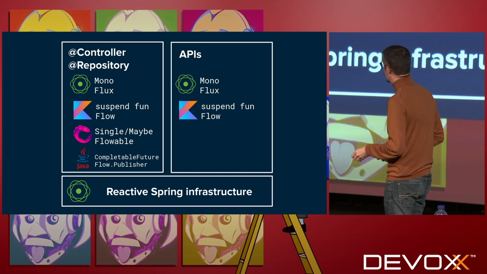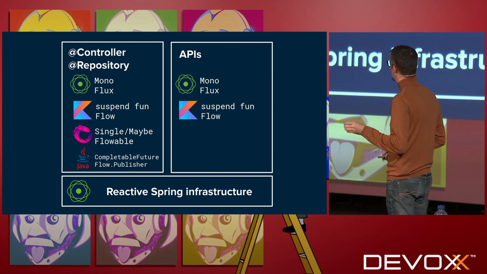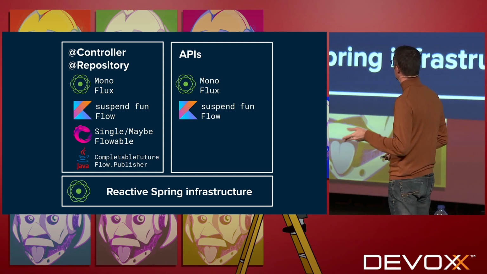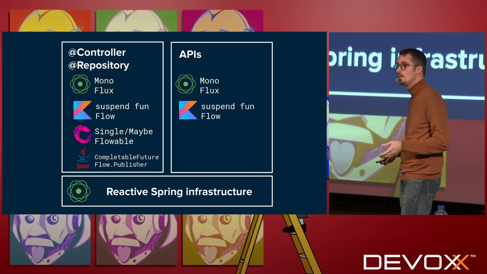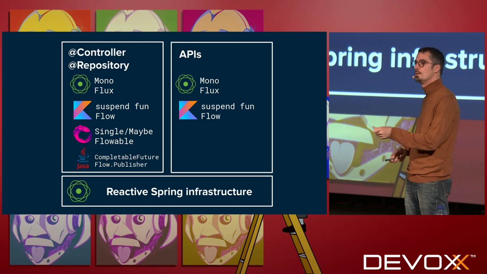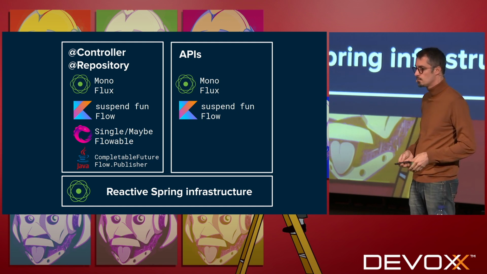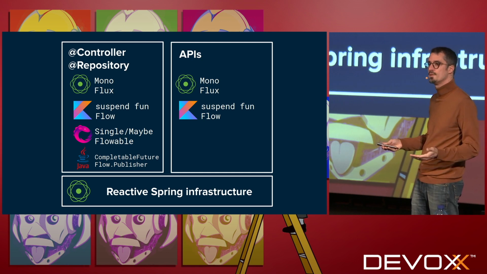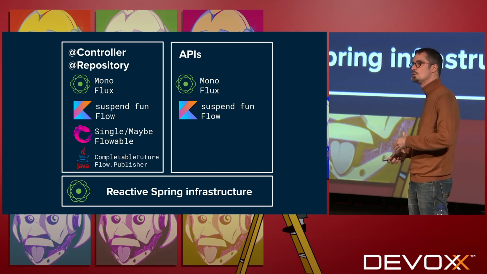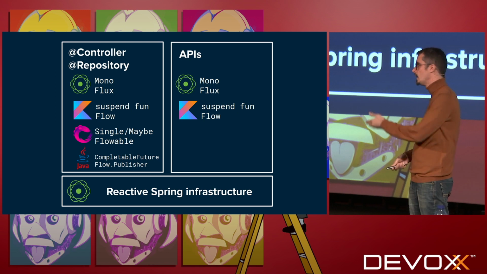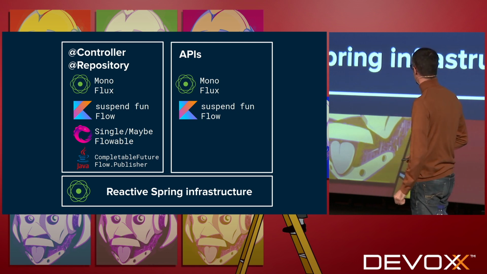So here we are supporting out of the box Mono and Flux, Single, maybe Flowable from RxJava, CompletableFuture, Publisher. If you are using that as a parameter or return value for your request mapping, for example, or in Spring Data, we will support that, and we will translate that automatically into reactive streams and use it with Reactive Spring infrastructure.